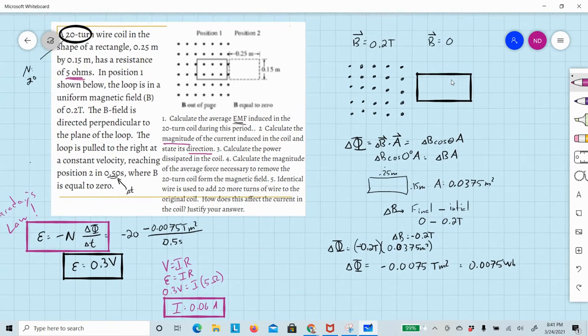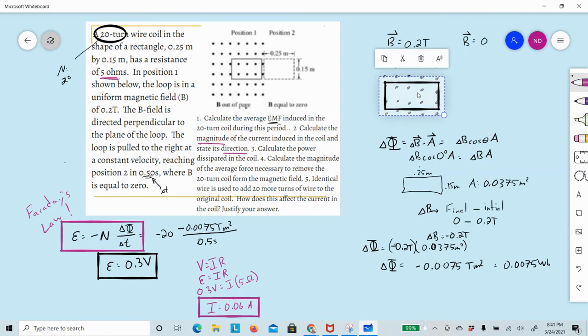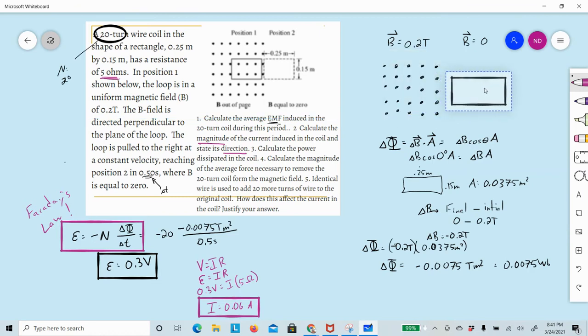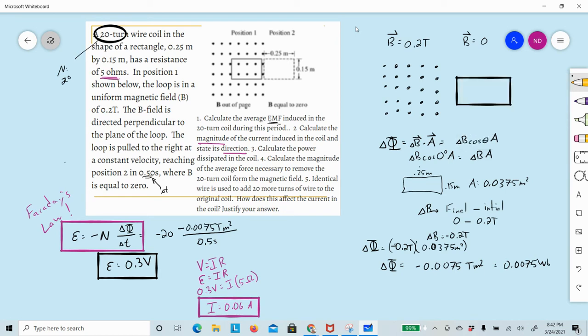So as this rectangular loop of wire goes from here to here, current could be flowing in the clockwise pattern, maybe, or current could be flowing in the counterclockwise. We've got to figure out which way.